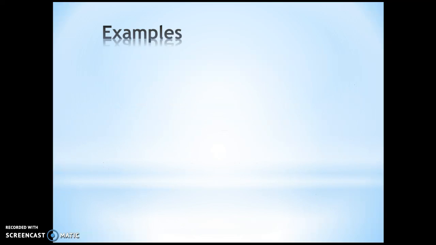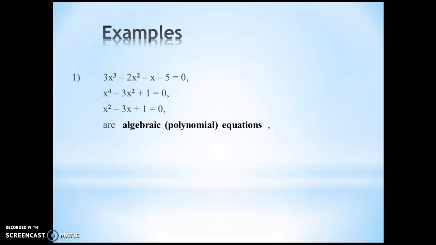Now I'll give you examples of those equations. Say x^3 - 2x^2 - x - 5 = 0, or x^4 - 3x^2 + 1 = 0, or x^2 - 3x + 1 = 0. These are algebraic equations.